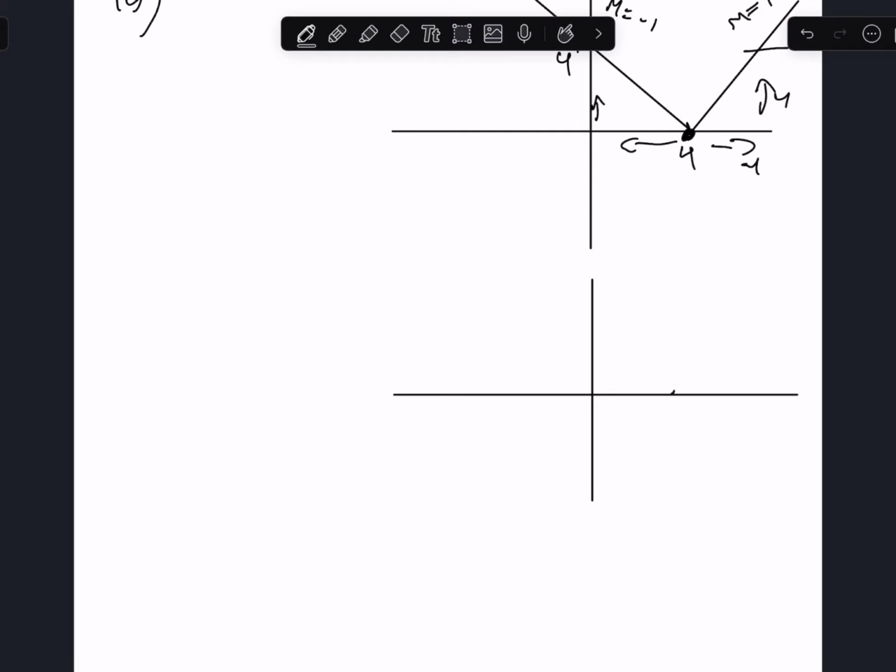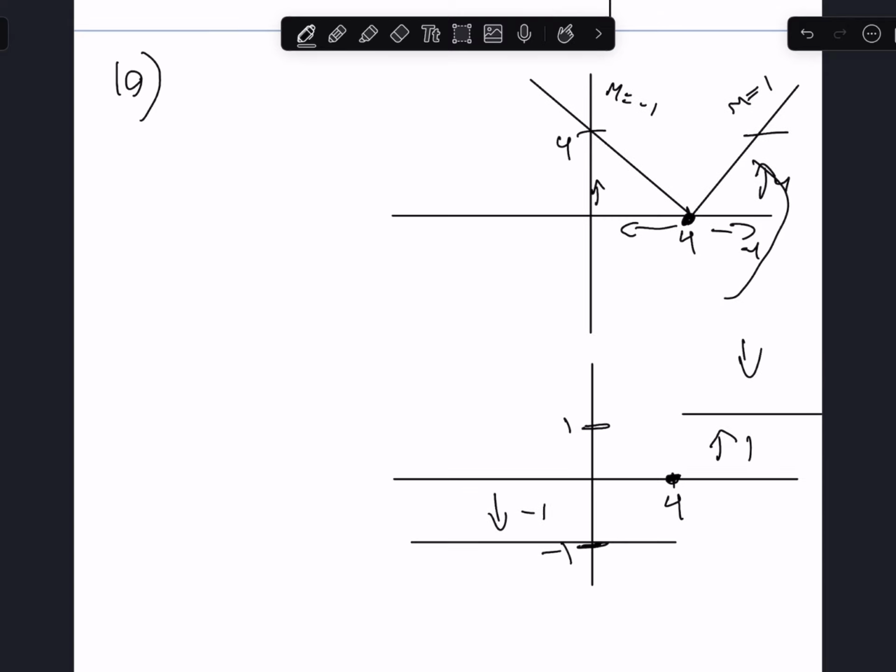We still have our point 4, but the difference is we're going to have one line to the right up 1, at y-intercept 1, and another one at y-intercept -1 going this way. That is down -1. The one right here is representing the slope of this line right here, and the one right here is representing the slope of that equation right there.